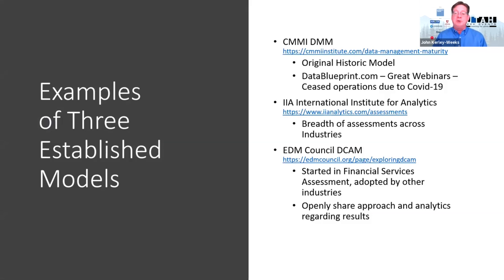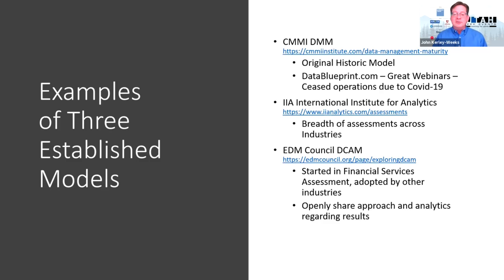DataBlueprint.com had produced several webinars that are really great to go and take a look at and get a better idea of what's happening with maturity models. But unfortunately, DataBlueprint.com ceased operations due to COVID-19 in July of this year.